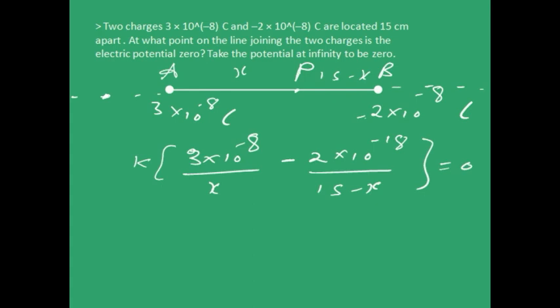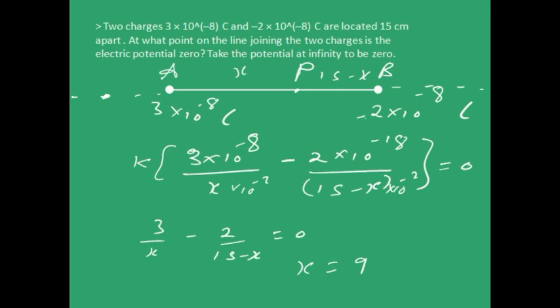This should be equal to 0, and I can take out the constants. Actually x is in centimeters, however it doesn't matter because it is going to get cancelled. Finally my equation becomes 3 by x minus 2 by (15 minus x) equals 0. You solve it, you will get x as 9 centimeters.